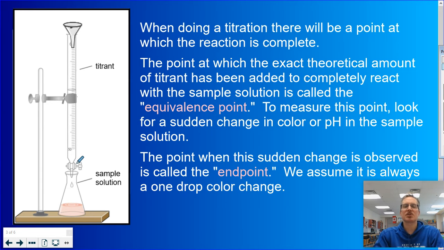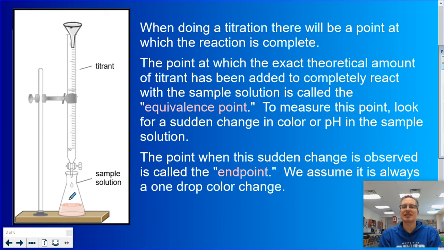We are going to stir or twirl our sample solution until we will see a one-drop color change. Meaning, as we add titrant to our sample solution, there's going to be a change in color. However, as we twirl our Erlenmeyer flask, that color is going to disappear. Eventually, when we add the perfect drop of titrant, that is when we're going to say that we have reached the endpoint, when one drop of titrant completely and permanently changes the color of our sample solution.